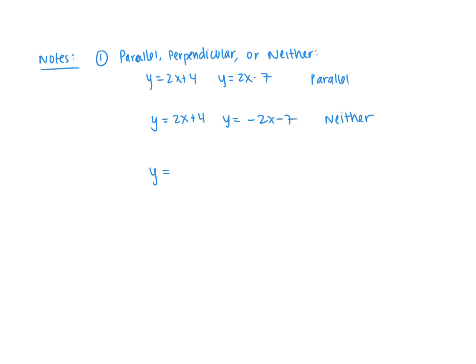Okay. What about something like this? y equals x minus 7 and y equals negative x plus 11. Are they parallel? No, very clearly not parallel. Not the same slope. So the question is, are they perpendicular or neither?